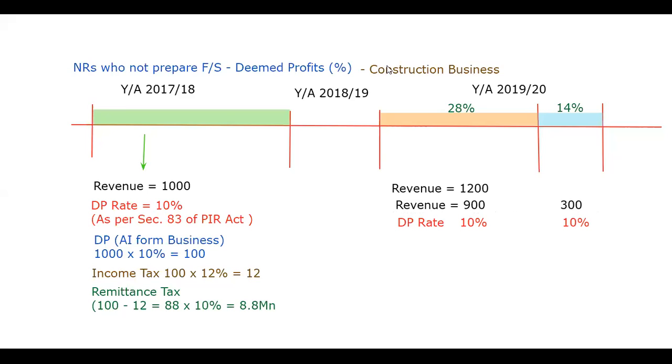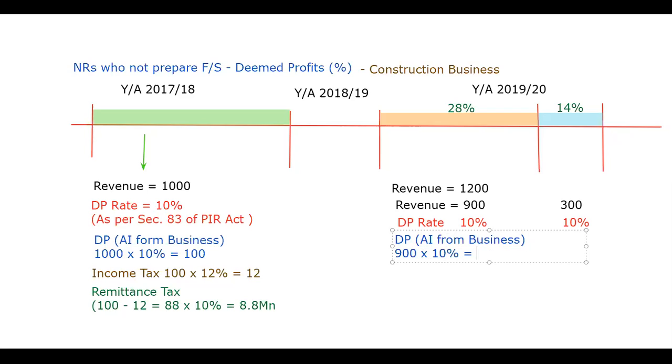Then what we need to calculate is the deemed profit, basically the assessable income from business, for the two different periods. We call it the same thing, deemed profit or assessable income from business. This is how we are going to calculate: 900. Can anyone help me with the calculation? Then the 10% is how much?